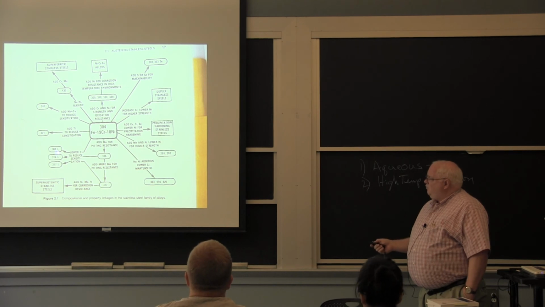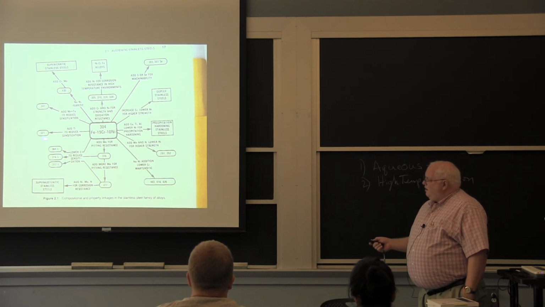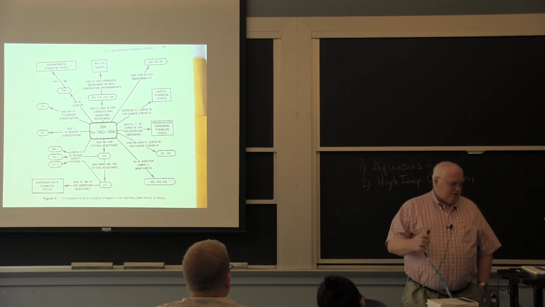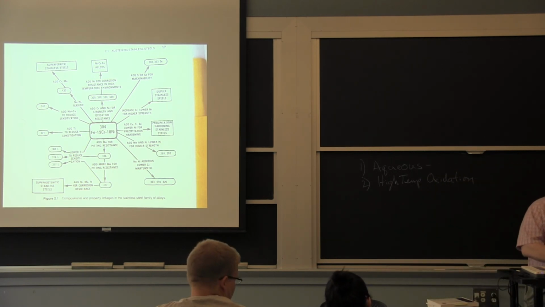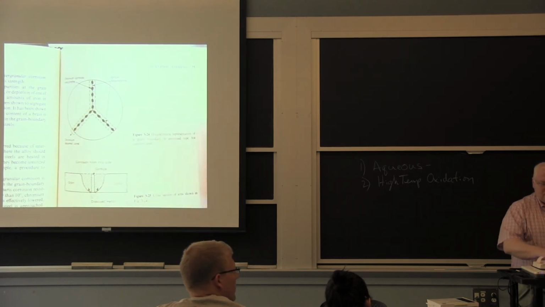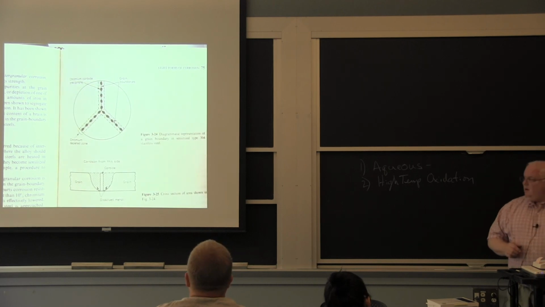In any case, I started talking at the end about the low carbon versions of stainless steel and how the process for making low carbon stainless steel was essentially invented here at MIT, and that's the argon oxygen decarburization.